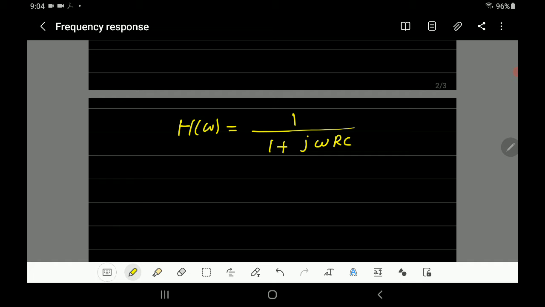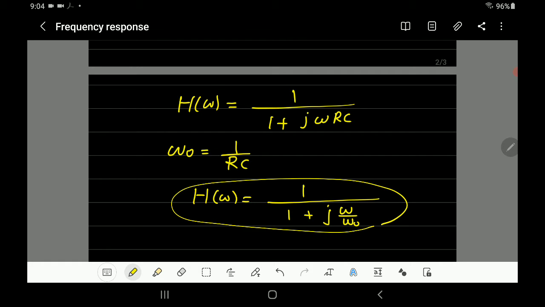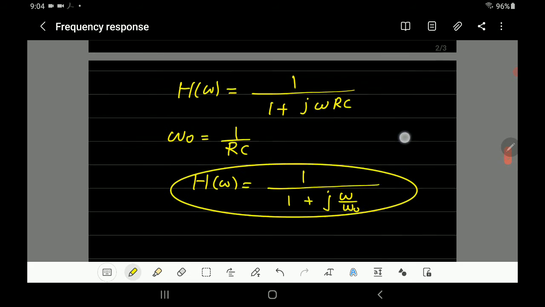Let's call omega naught equal to 1 over RC. So our equation now can be simplified as 1 over 1 plus J omega over omega naught. That's the new form of the transfer function.